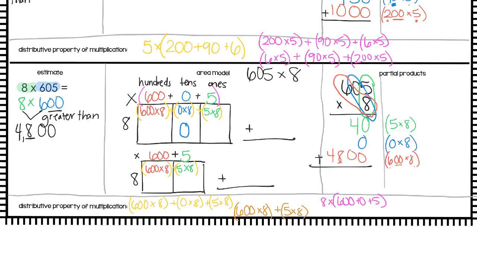Instead of just doing 600 plus 0 plus 5, I could just do 600 plus 5 times 8. And remember, it doesn't matter which we do first, times 8 or 605, because that's really the same thing. So 8 can be at the beginning or at the end. Super job. Thanks for hanging with me. Let's go to the next problem.